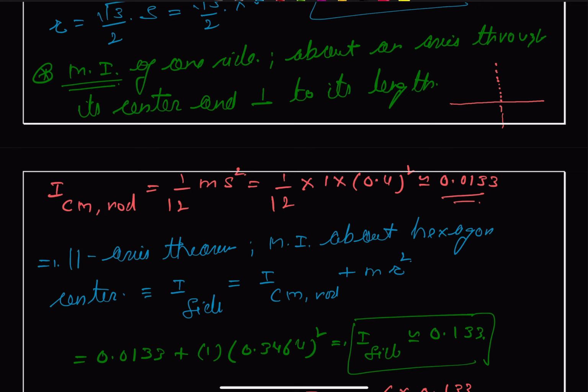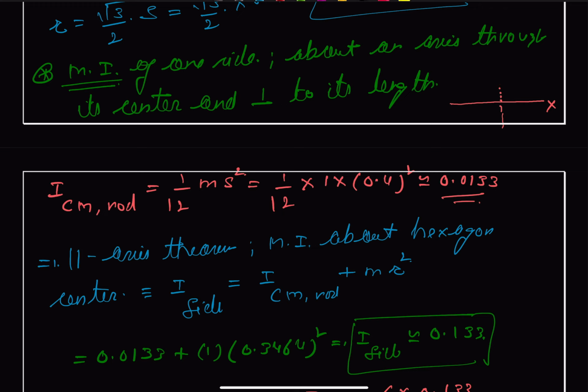Okay, so which basically means that if this is our x-axis, then this moment of inertia will be along our y-axis. Okay, there was some mistake in my previous explanation.